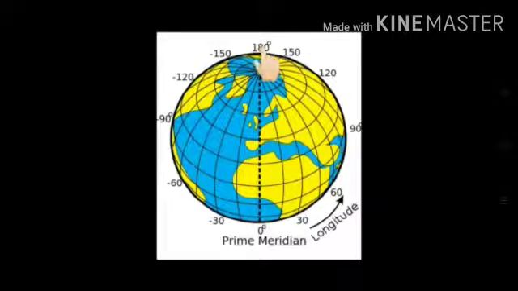This line is shared by both east longitude and west longitude. There is one line and that is shared by both the longitudes, eastern longitude and western longitude. Now children, if we want to see that line, international date line, we have to rotate the globe.